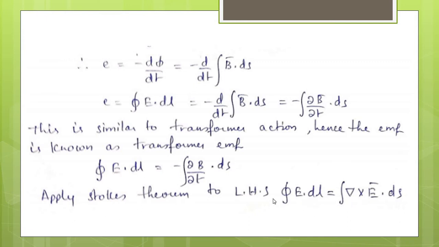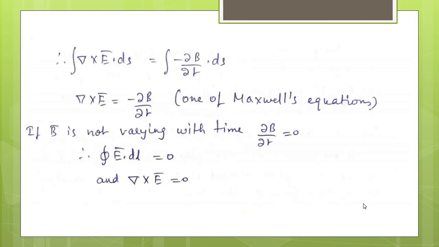We can write closed line integral of E dot dl is equal to integral of del cross E dot ds, which is the surface integral. Therefore, del cross E dot ds is equal to integral of minus dou B by dou t dot ds. If we remove the integral on both sides, we can write del cross E is equal to minus dou B by dou t. So this is one of Maxwell's equations.